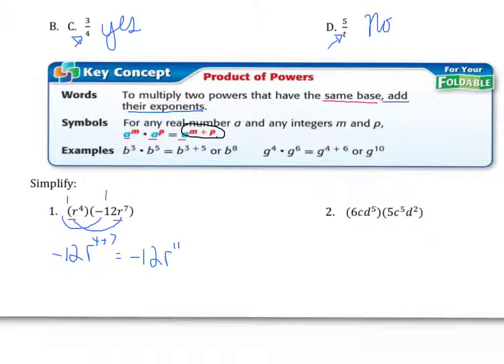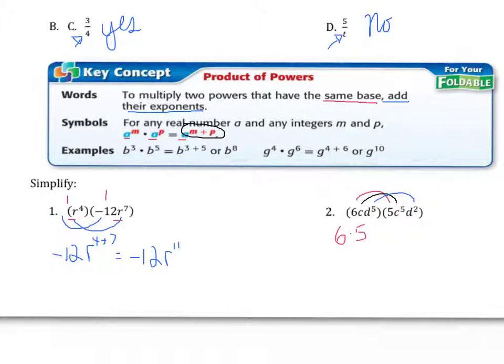We've got the coefficients here, 6 and 5, which we will multiply together. We're going to multiply our c's together, and we're going to multiply our d's together. So for our coefficients, we have 6 times 5.